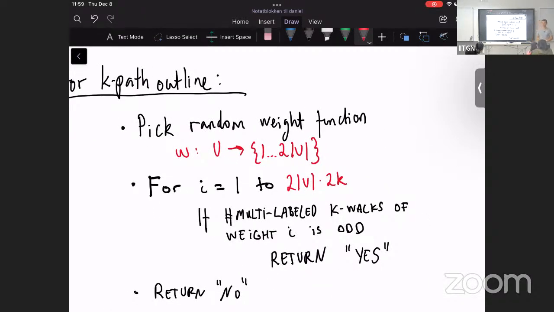It tries every weight from 1 through the maximum weight a multi-labeled k-path could have, and it counts the number of multi-labeled walks of that weight. If it's odd, you say yes, there is a k-path. And if it isn't odd for any weight, you return no. And that's the algorithm.